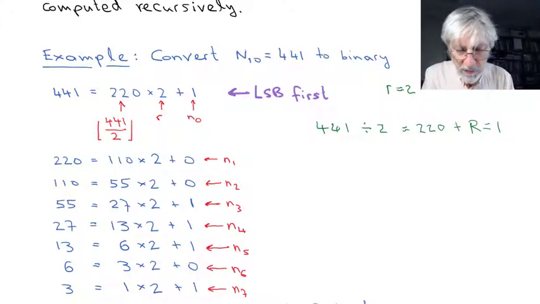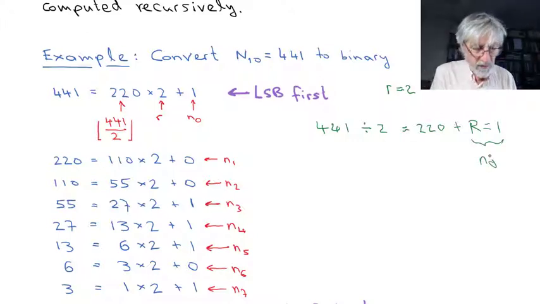And that remainder is actually n sub 0. So we have done the first step here. We've gotten n0. Now we have the number 220 as the next one that we are working on.